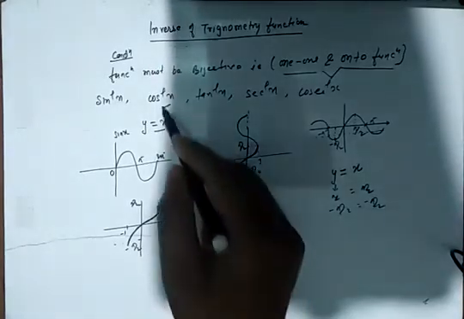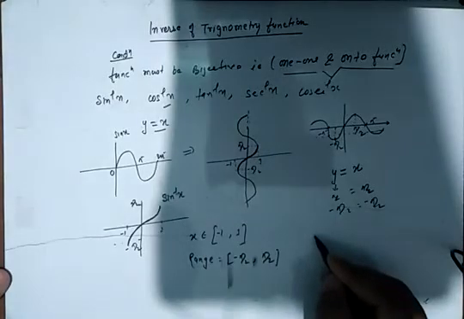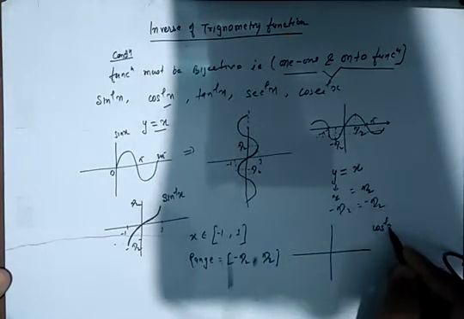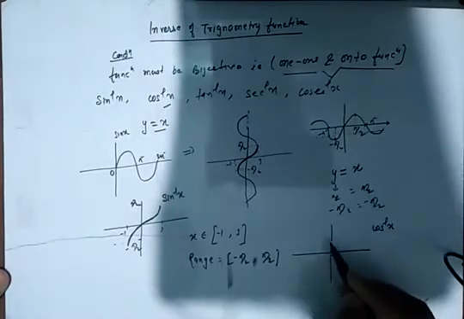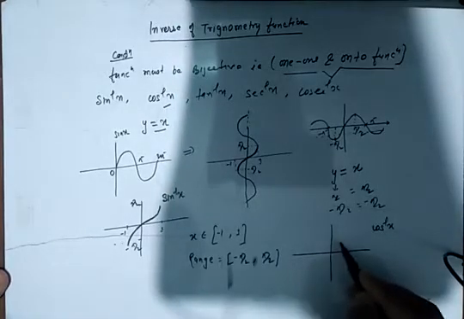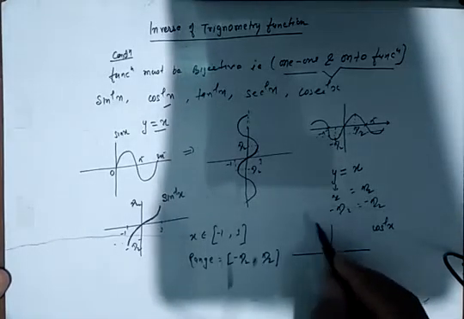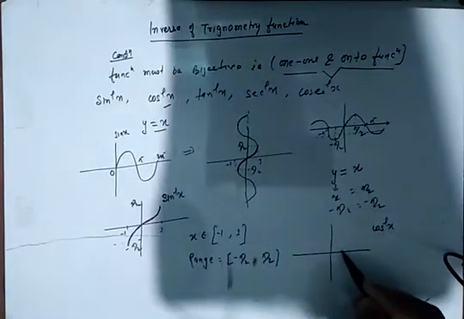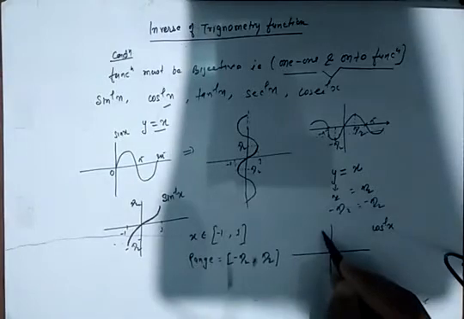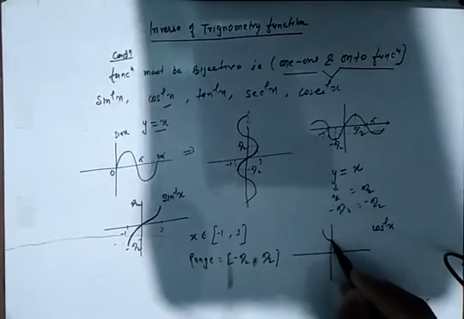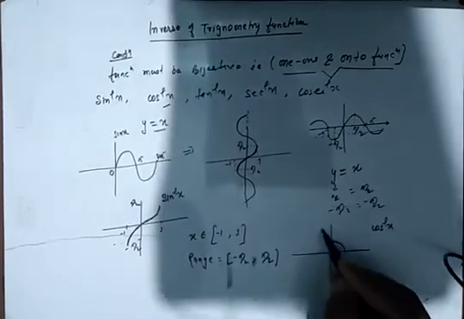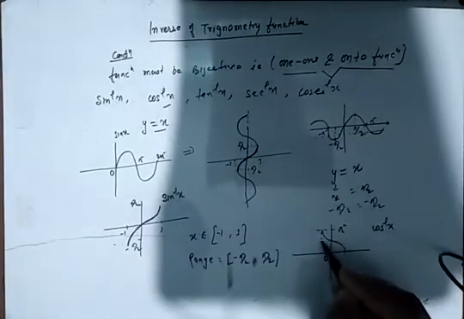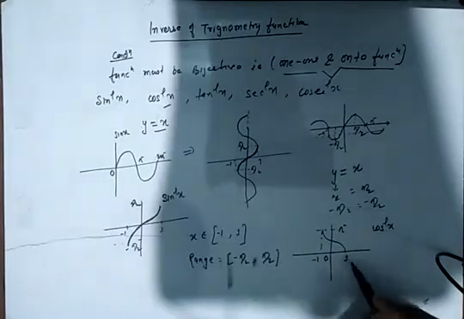So simply you can draw cos inverse x. This is the cos inverse x. Okay, you draw these curves in a similar way. So cos is this value and this value. If you draw the function here in a similar way, this is 0, this is pi, this is minus 1, this is 1.